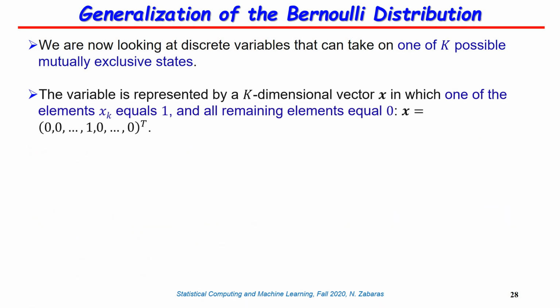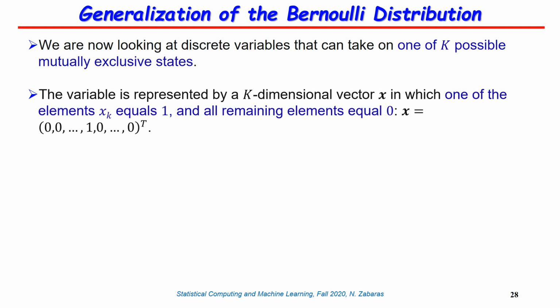The Bernoulli distribution is about binary variables that can only take the values 0 and 1. Now what I'm going to consider is discrete variables that can take capital K possible mutually exclusive values. You can think of a random variable that can take 5 possible values, but each of them is going to be 1 or 0, okay?